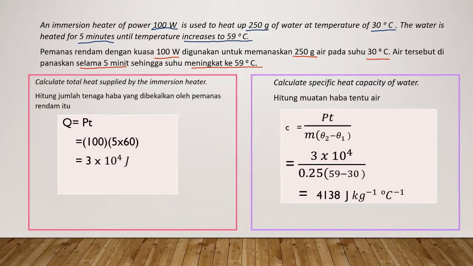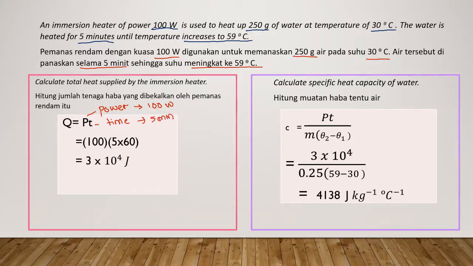Okay, we use this expression, Q equal to Pt. What is P? P stands for power, t is time. Okay, from the question, we know that we use an immersion heater, power dia ialah 100 watt, and time already given here in this question, 5 minutes.